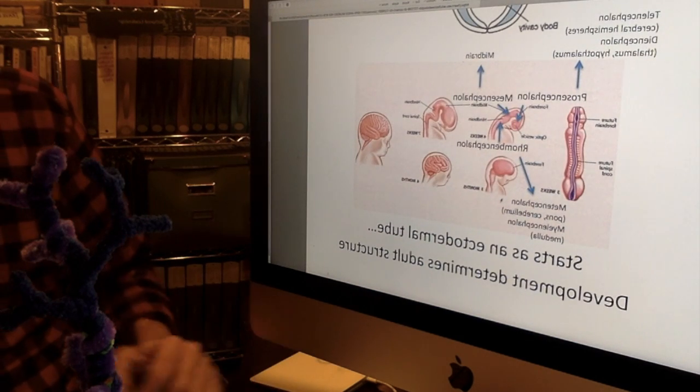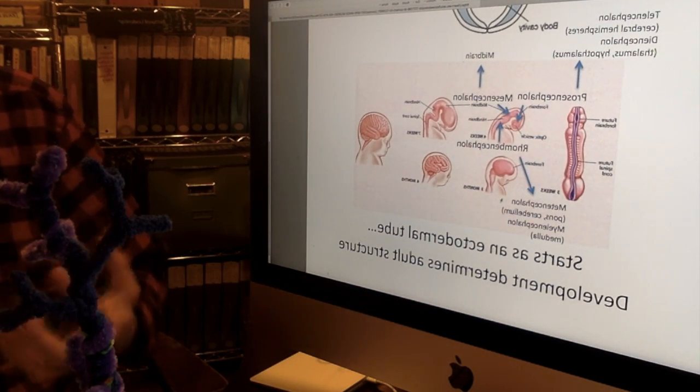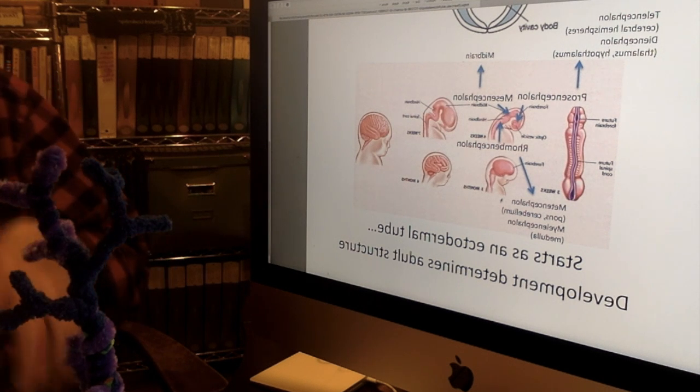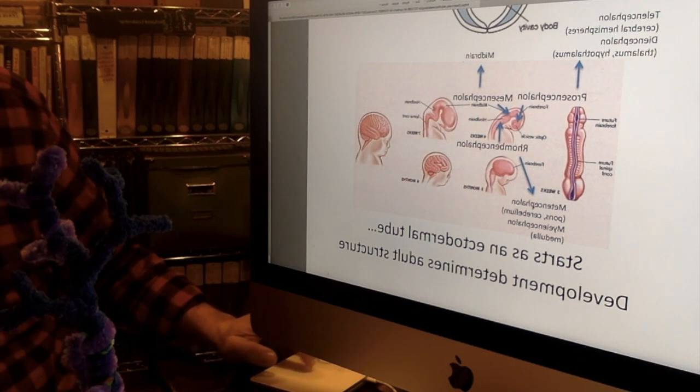And that's going to start to split, and the metencephalon, which is going to be the pons, part of the brain stem, and the cerebellum are going to develop from this rhombencephalic precursor.